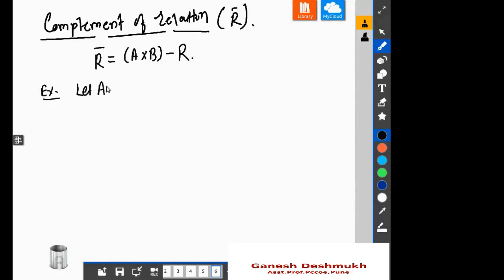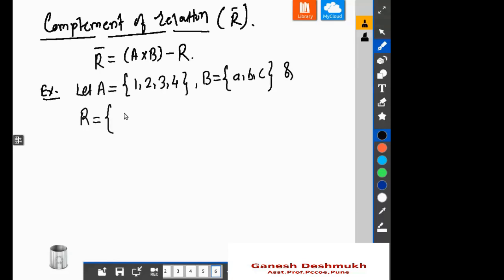Let set A contain elements 1, 2, 3, 4 and set B contain elements a, b, c, and relation R is given as (1, a), (1, b), (2, c), (3, a) and (4, b).